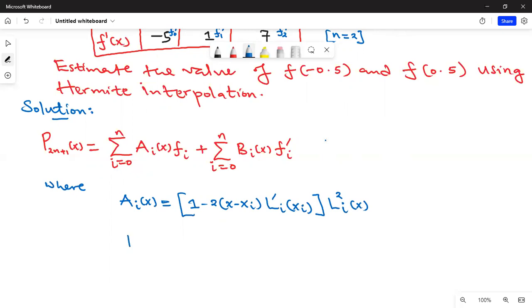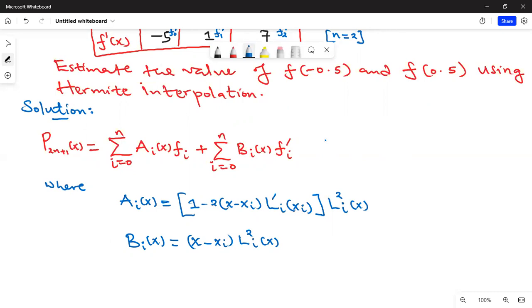And then the other one, bi of x, is defined by x minus xi times li squared of x. So the li is the Lagrange coefficient, which I'll tell you how to compute.